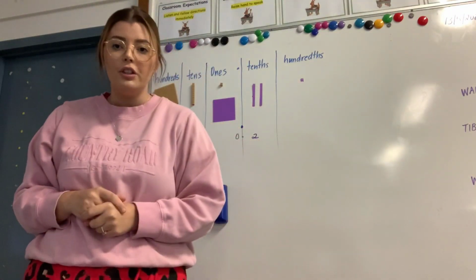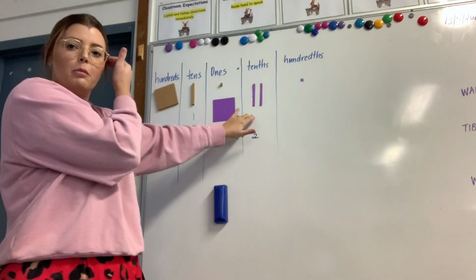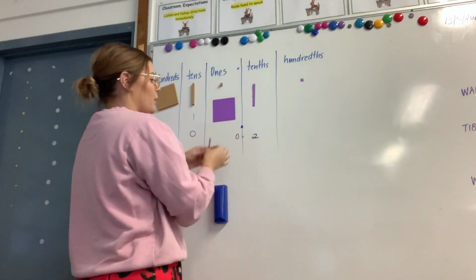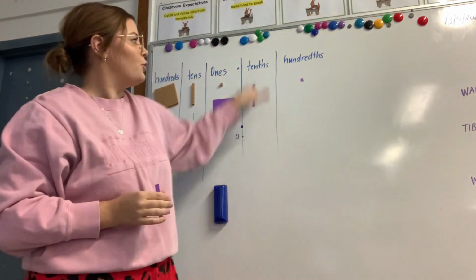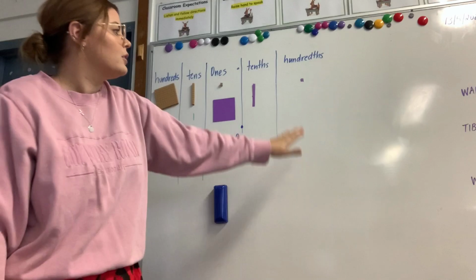Now it is 100 times smaller from here. Okay, so we've gone 10 times smaller. I'll take that one off. 10 times smaller to 10 times smaller again. And now that is 100th.